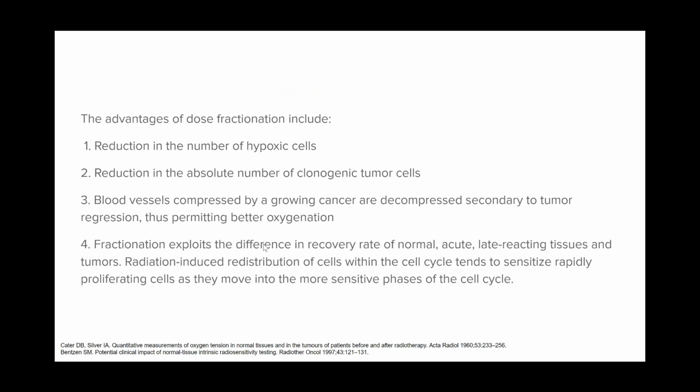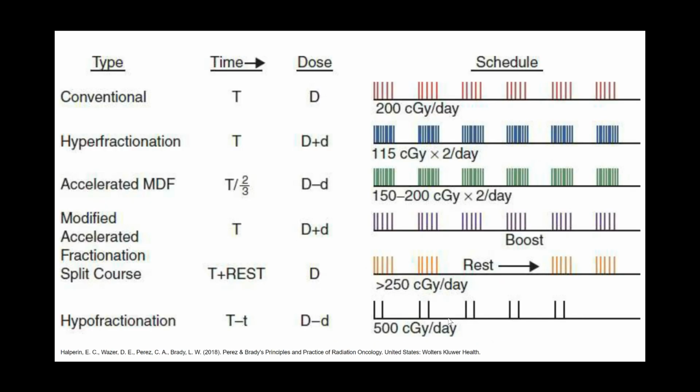Then fractionation also exploits a very important thing, which is the difference in the recovery rate of normal, acute, and late reacting tissues and the tumor. There is redistribution of cells within the cell cycle, and then sensitization also happens. The acute normal tissue toxicity of a single radiation dose can be decreased with fractionation.